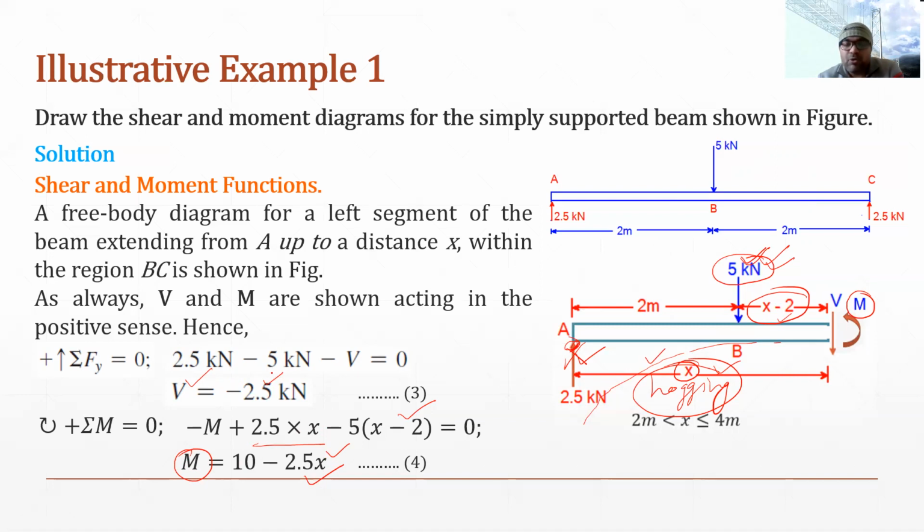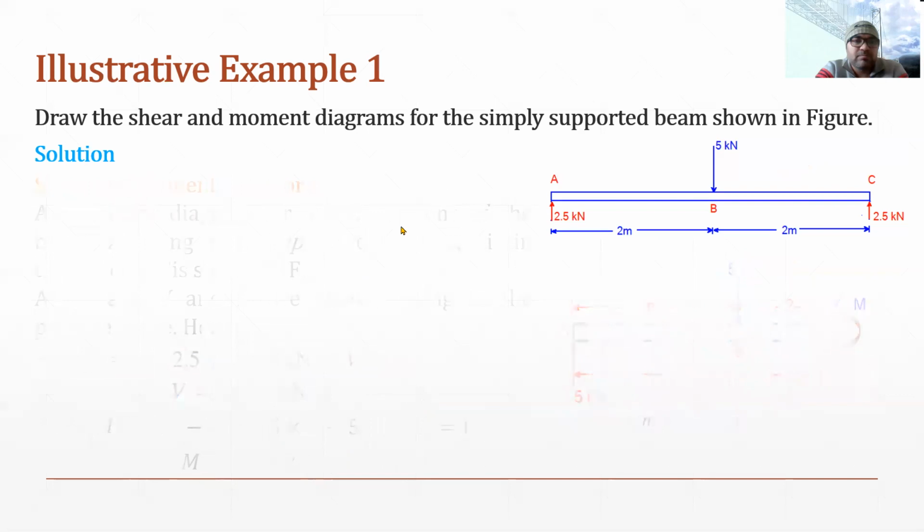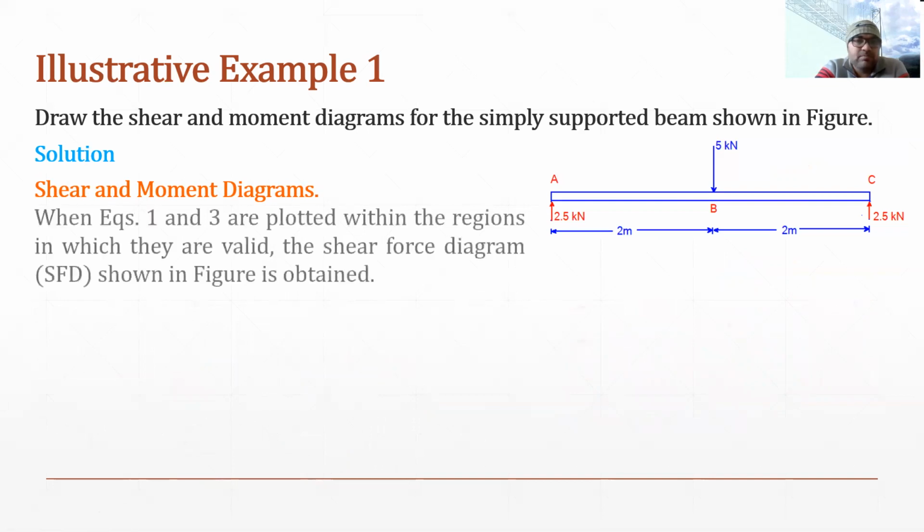For all values of x, V will be equal to minus 2.5 in segment BC and 2.5 in segment AB. So now we have calculated all the shear and moment functions for both segments. Now we will draw the shear and moment diagrams. First of all, we will draw the shear force diagram.